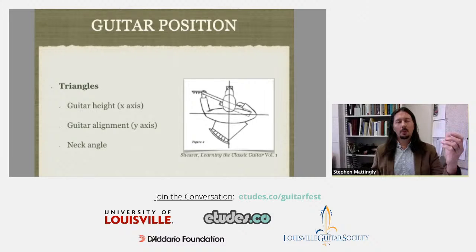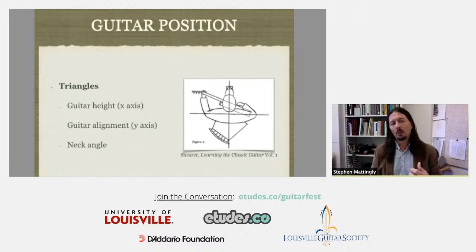Or in other words, if there were an audience in this image, there would be a closer proximity of the headstock to the audience than the bridge of the instrument. That angle is really important. It makes it easier for the right arm to get over the instrument. It decreases that tendency to want to have right to left torsion. And it also makes a more comfortable angle for the left hand, I believe. So let's look at the next slide.